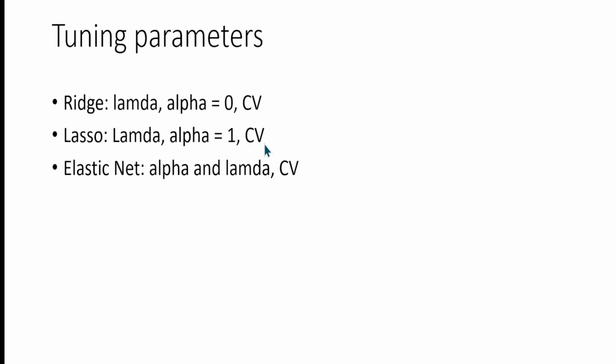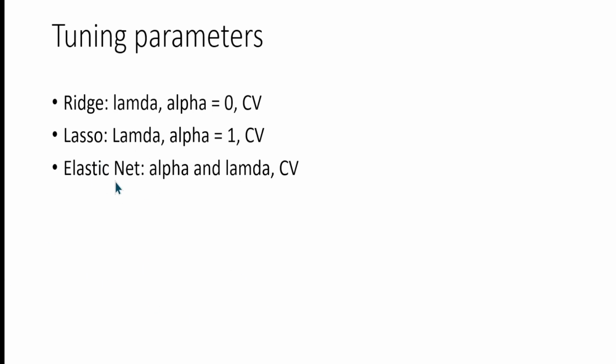And then again, you need a cross validation strategy, tenfold cross validation, or you can do repeated cross validation. This is possible with the cv.glmnet function. We will have a look at it later on in the implementation phase.